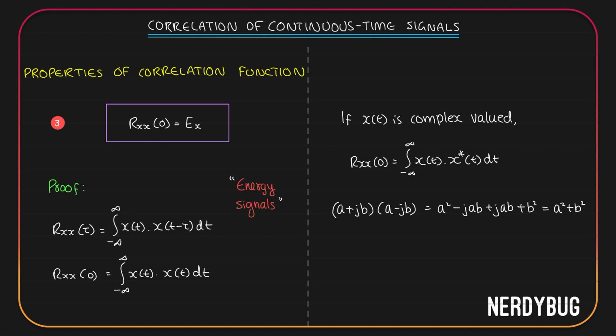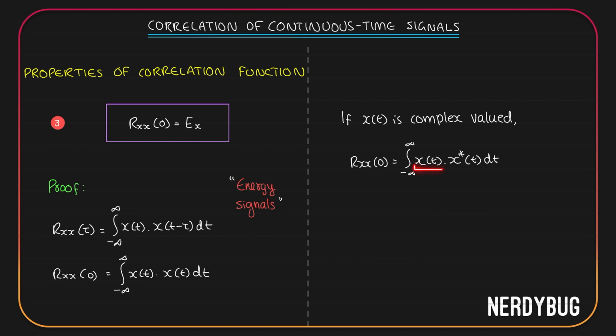But tell me, what is the magnitude of a plus jb? It is root of a square plus b square. What is the magnitude of a minus jb? It is also root of a square plus minus b whole square, which is b square. So we can say their product is actually the square of the magnitude.